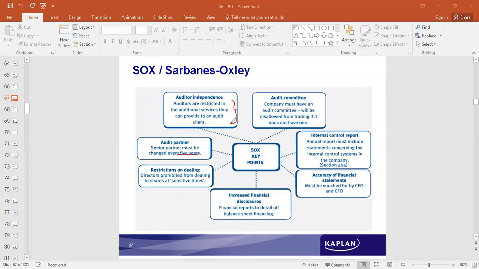Suppose there is a firm providing audit services. The same firm should be restricted from providing any other type of services, like filing their tax returns or some other types of work that can be outsourced to the auditor.